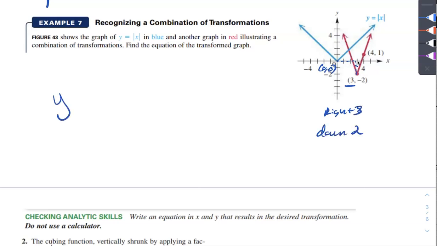So remember how we rewrite that as an equation? Inside's opposite. Right 3 would be a positive 3, but we do the opposite on the inside, so it'll be a minus 3. And outside we follow, so down 2 is a minus 2 on the outside. And then this guy in front is like the slope. We're dealing with lines, so it's pretty much just a slope.